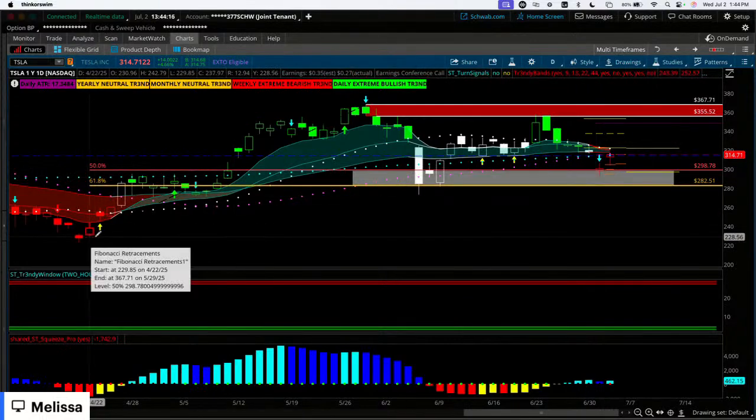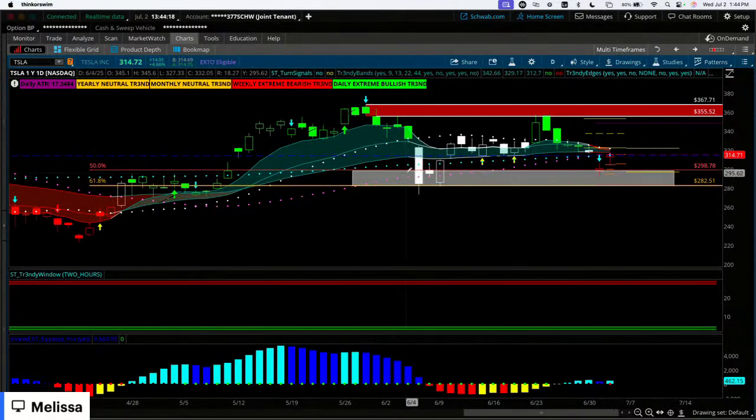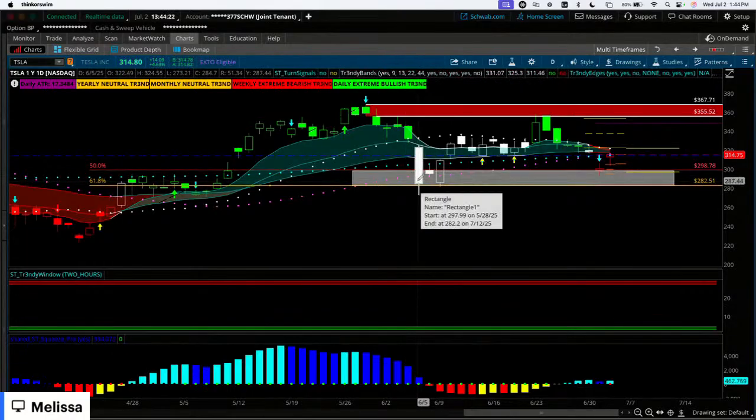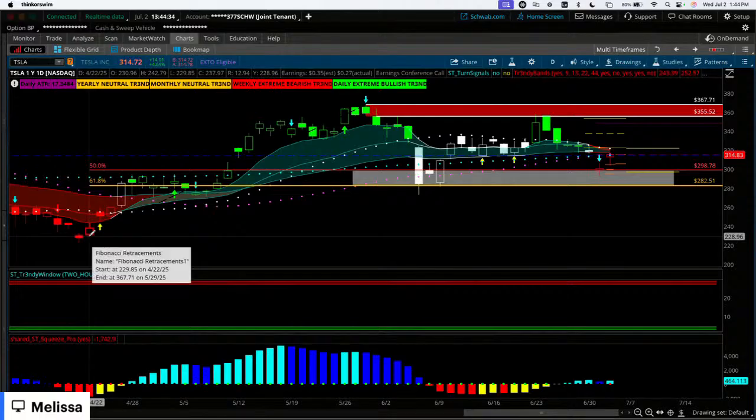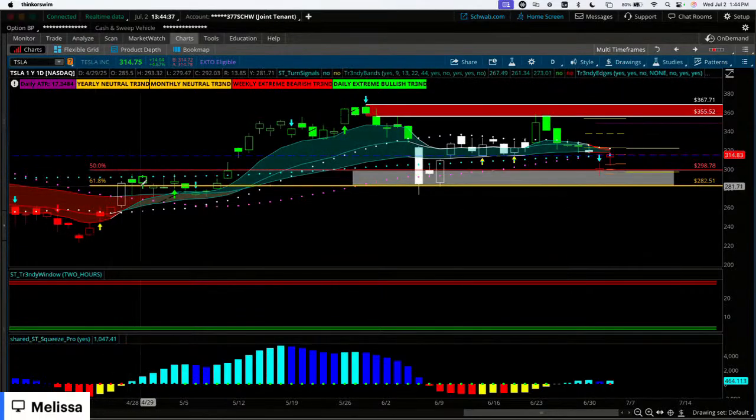But I want to show you why I bought the dip when Trump and Musk were having their Twitter or X, whatever you want to call it, war. We bought this golden pocket here, which is also a demand zone. But measuring from this nice uptrend that was, right?